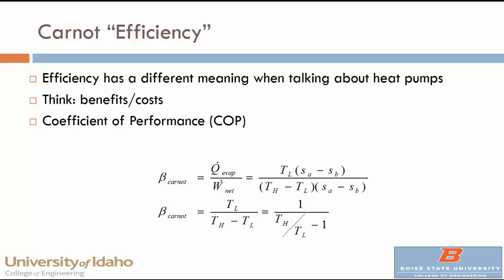It's the lower temperature divided by the difference between the higher and the lower temperature. Since the higher temperature is always bigger than the lower temperature, we can easily see that this can be a number that's greater than 1. In fact, it generally is. So that's one thing to keep in mind. For industrial systems, it's not unusual for a coefficient of performance to be on the order of 3 or 4.